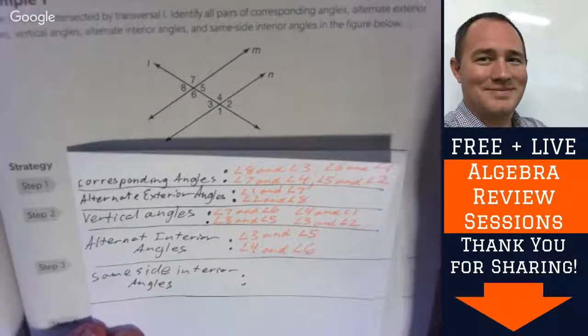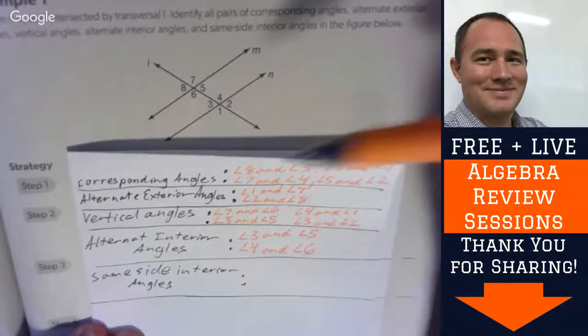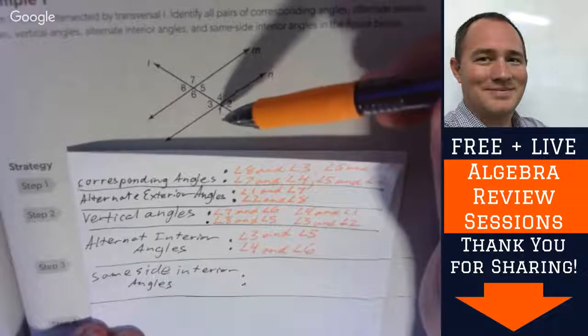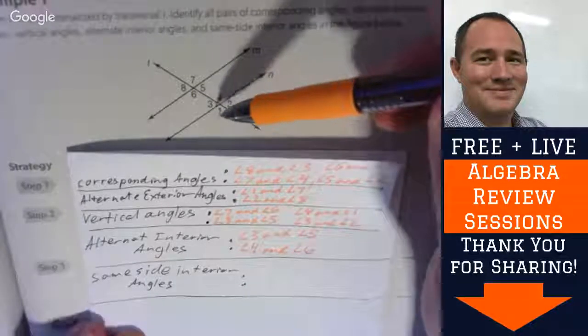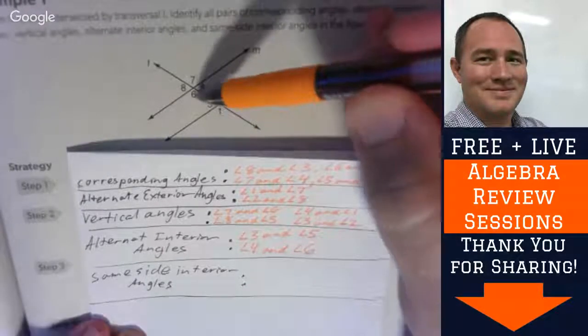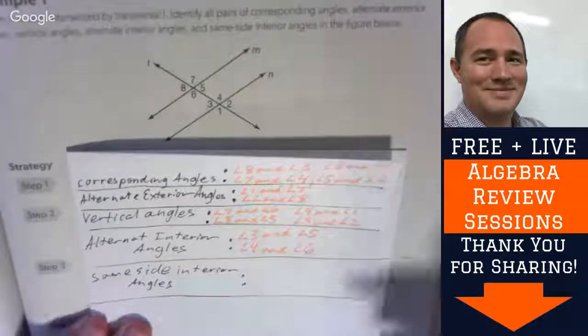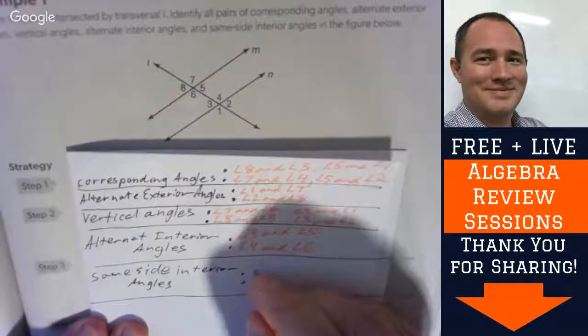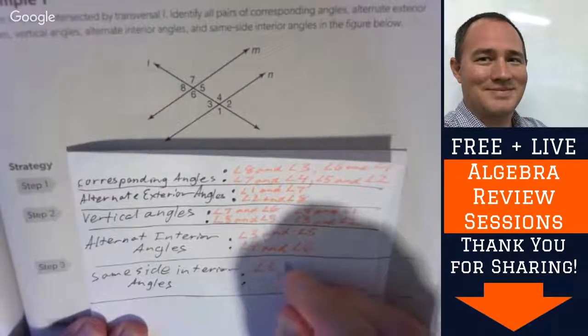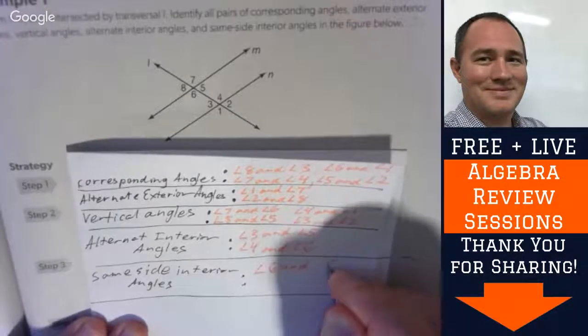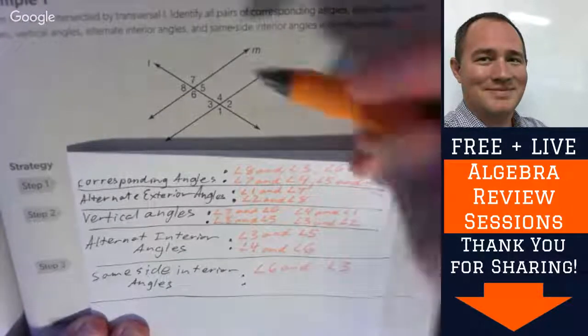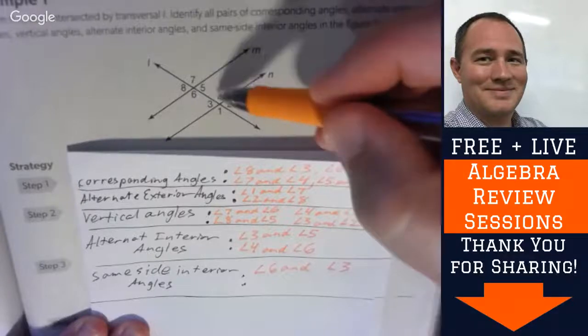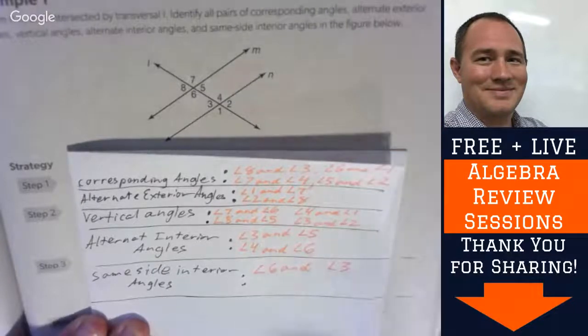So how about same side interior angles? What is the clue for same side interior angles? Well, they're going to be on the same side of the transversal, and they're going to be inside of the parallel lines. So 6 and 3 would be one set, and also angle 4 and angle 5 for the same side interior angles.